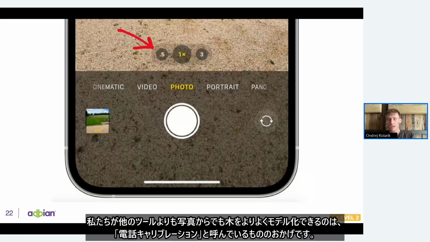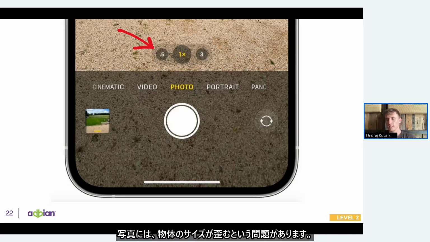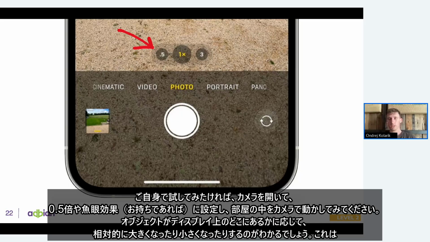Why we can model trees from photographs better than other tools is thanks to what we call phone calibration. There is a problem with photographs that they distort the reality of the sizes of the objects. If you want to try it for yourself, you can just open your camera and move.